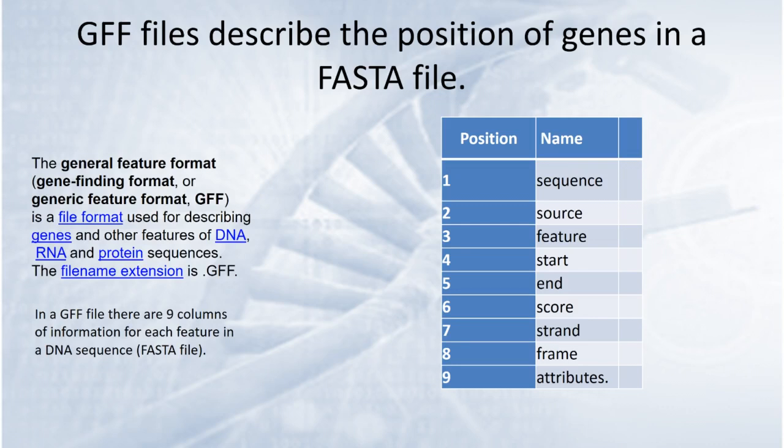Basically, this is a way of describing where the genes are coded in a FASTA file. So let's say you have a bacterial chromosome in a FASTA file that may be millions of nucleotides long, and you figured out, and you will do this as part of this project, you want to be able to describe where a protein coding gene starts and stops.